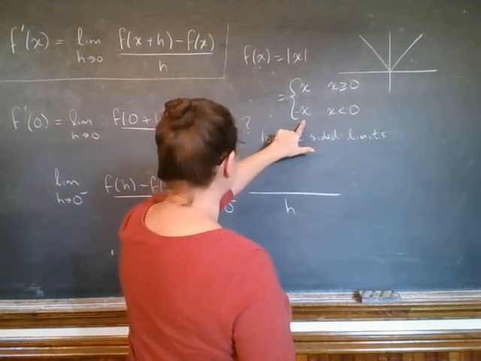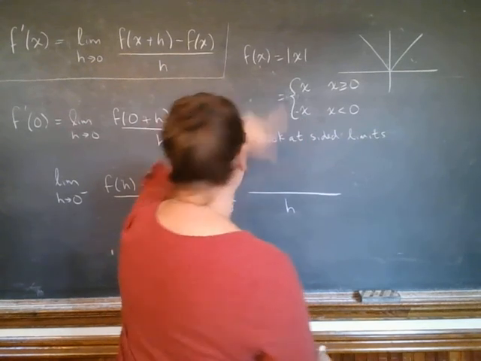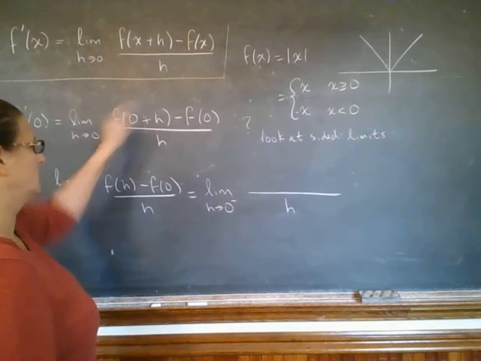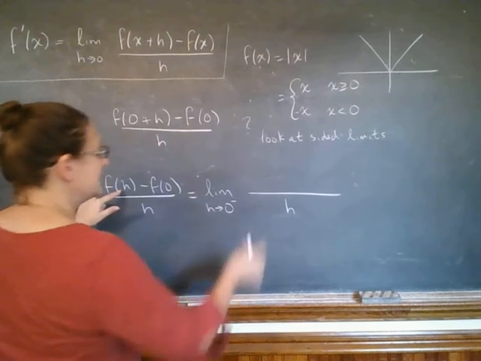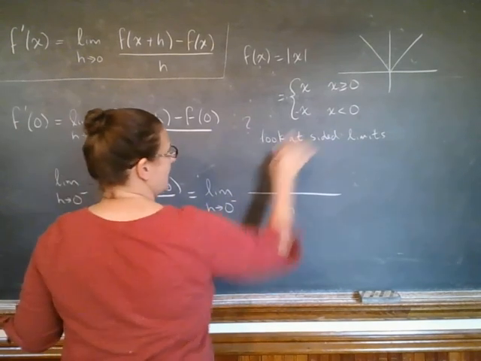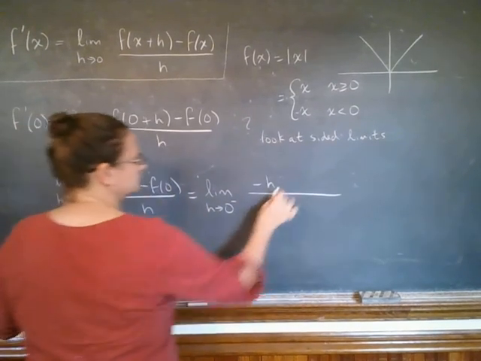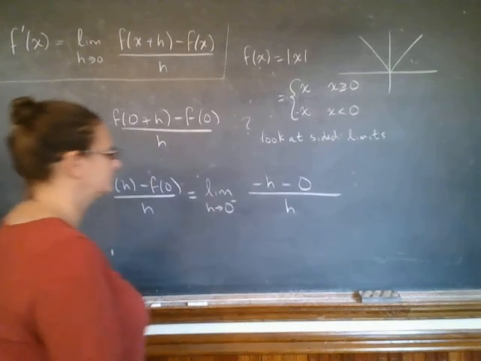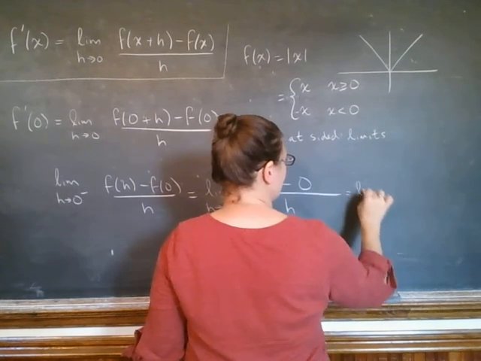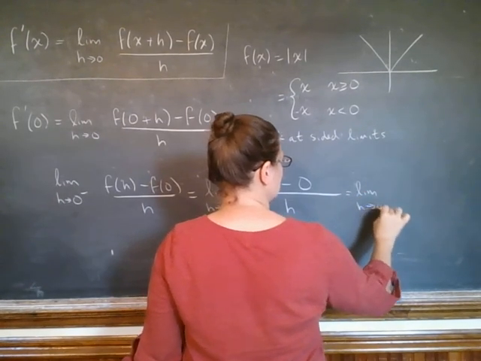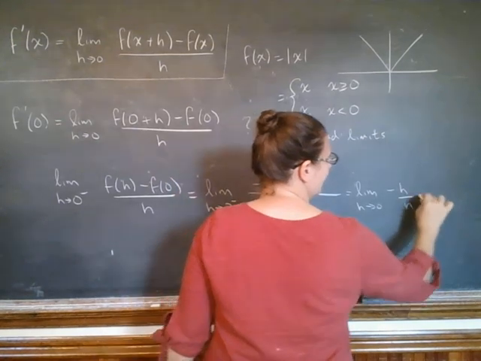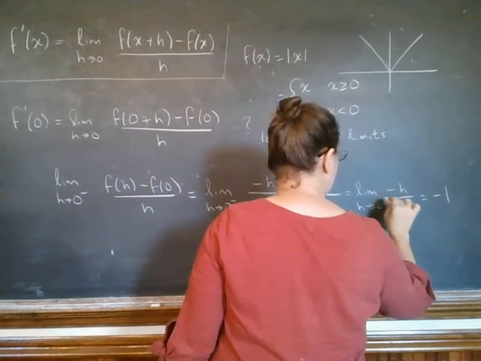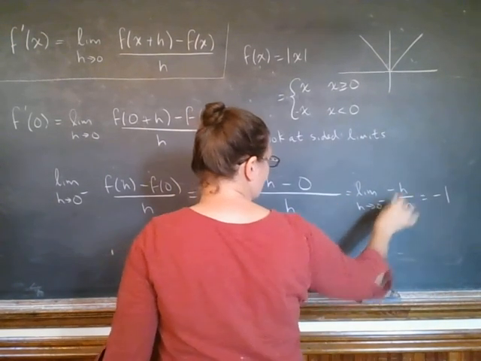So I'm just putting an h in for x because I'm doing 0 plus h, right? But because h is negative, I'm here, so I have minus h. That's just 0. Okay? So this is the limit as h goes to 0 of minus h over h, so this is -1, right? Because the h's cancel.